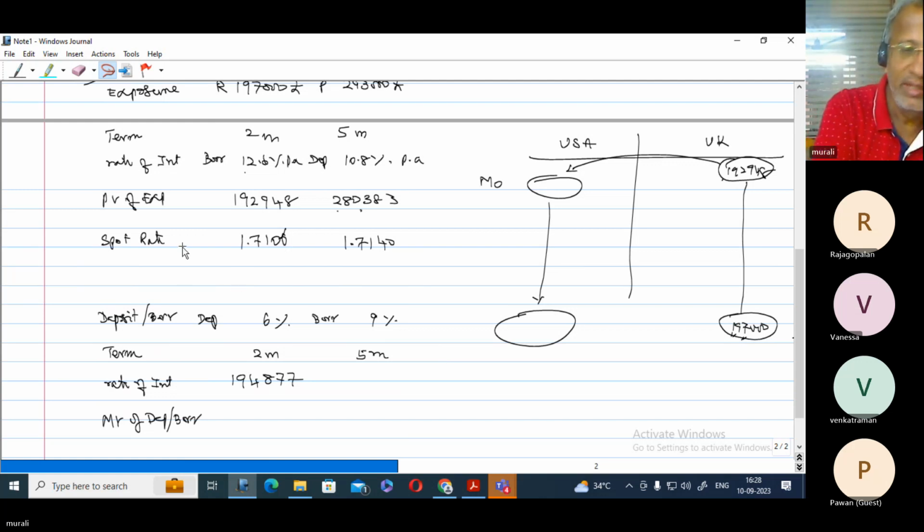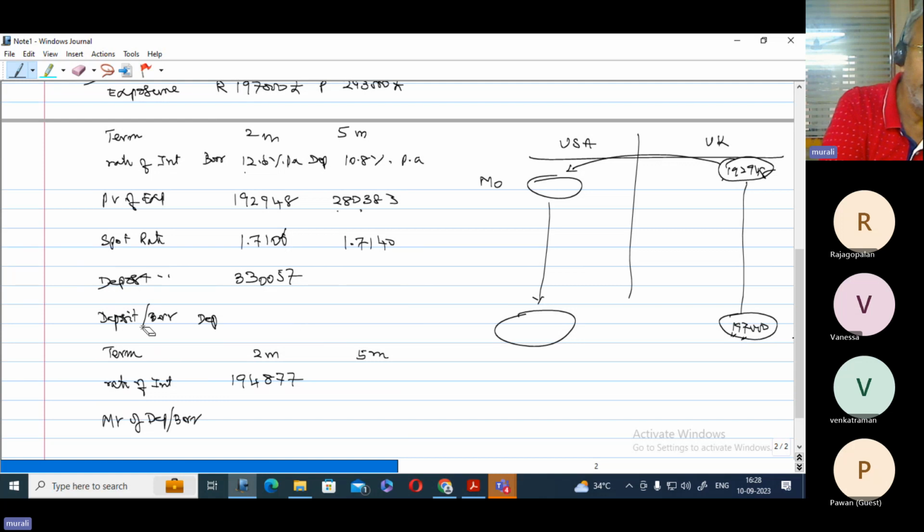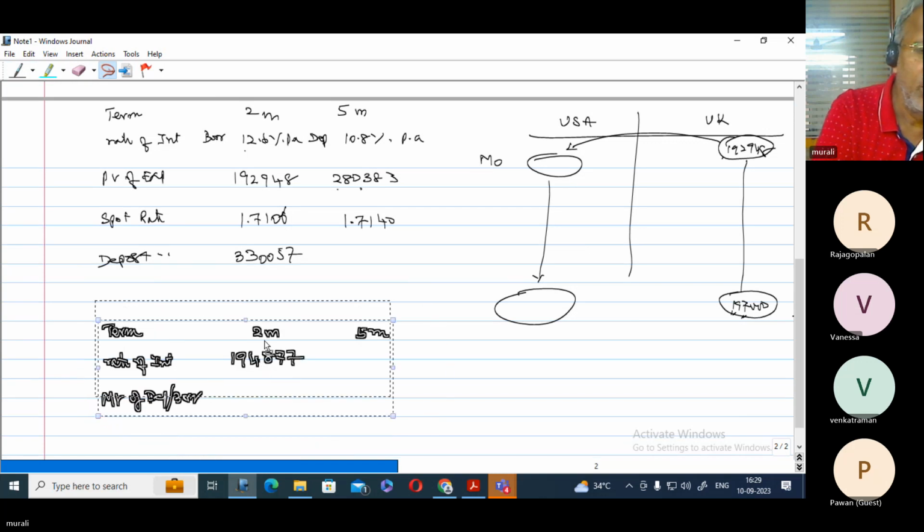So it is 330,057. So this is the sum that I have to convert in the present market deposit term. One line I missed.